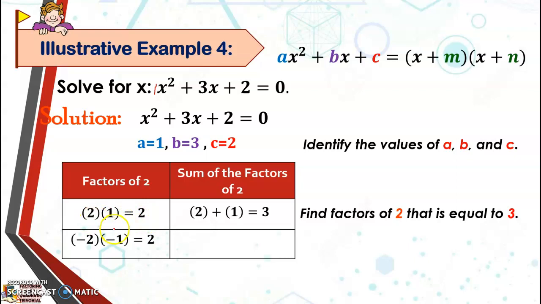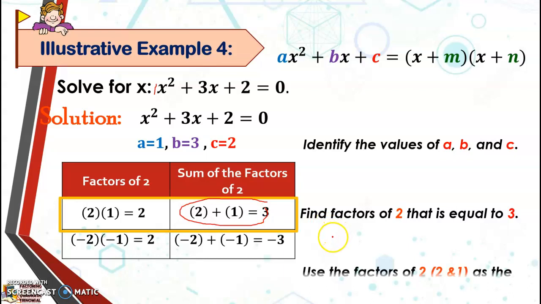There are only two pairs of factors of 2, the positive and the negative. 2 times 1 is 2, and the other pair is negative 2 and negative 1, which is also 2. So 2 plus 1 is equal to 3. And negative 2 plus negative 1 is negative 3. We are looking for positive 3, so we use the first pair.